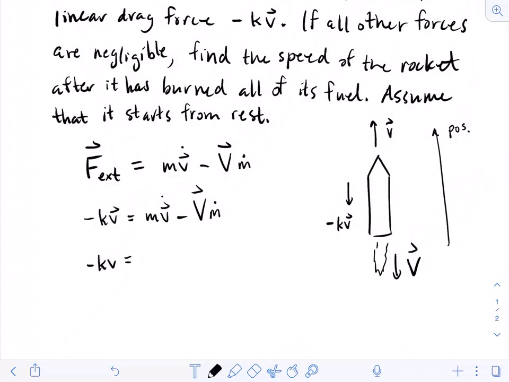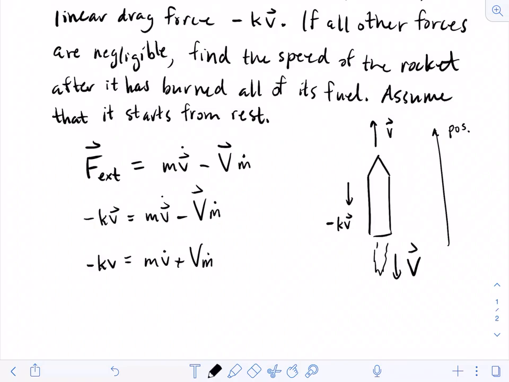If we're throwing fuel out the back of the rocket, we expect the rocket speed to be increasing, so v dot is positive. And then the velocity capital V is opposite of the positive direction, so it's negative. So we have minus capital V, which is minus V, or plus capital V m dot.